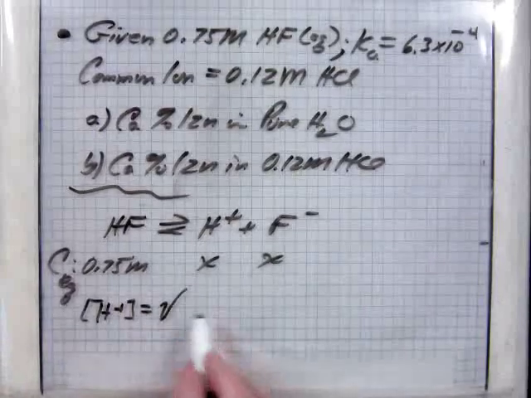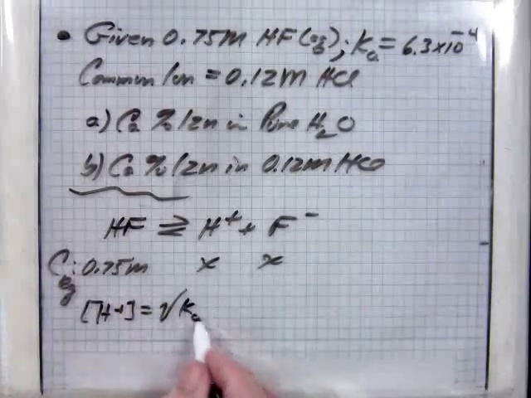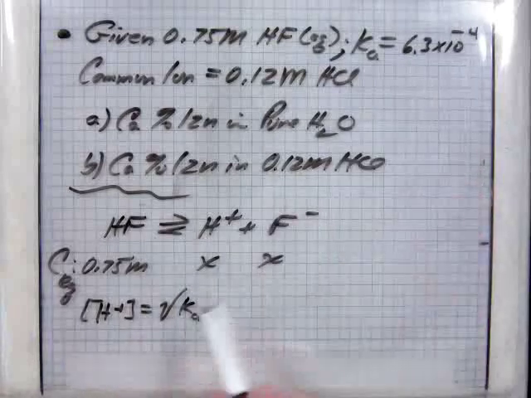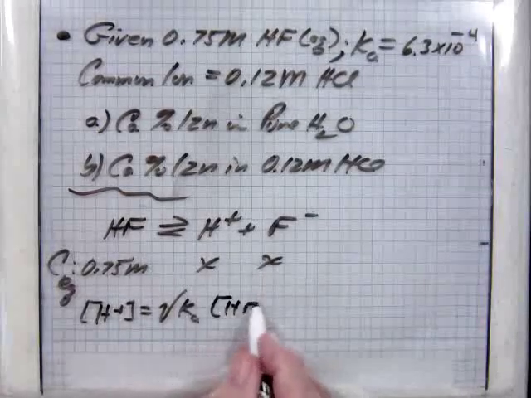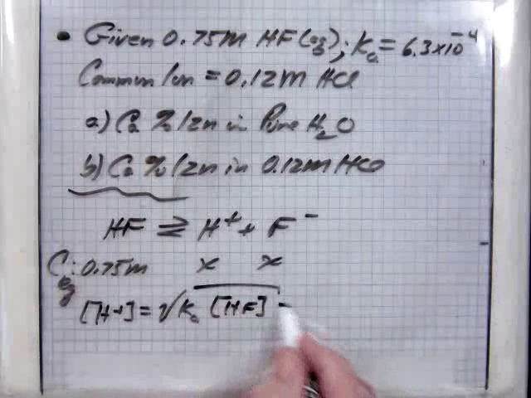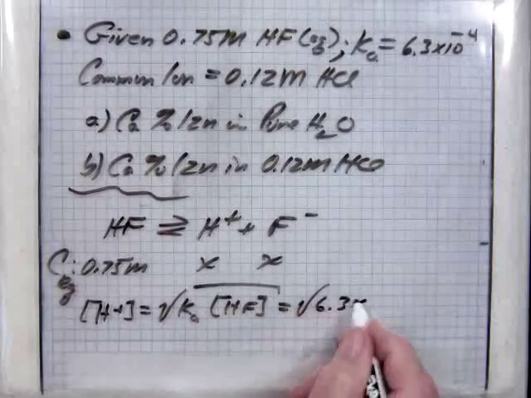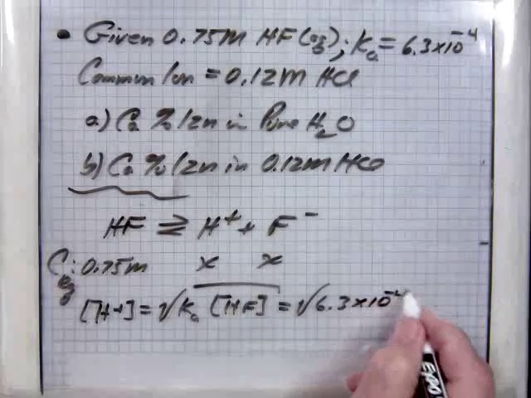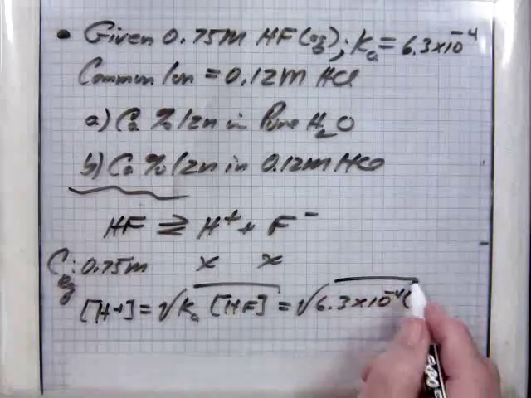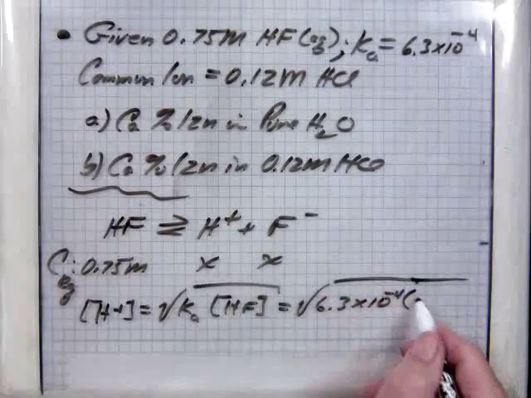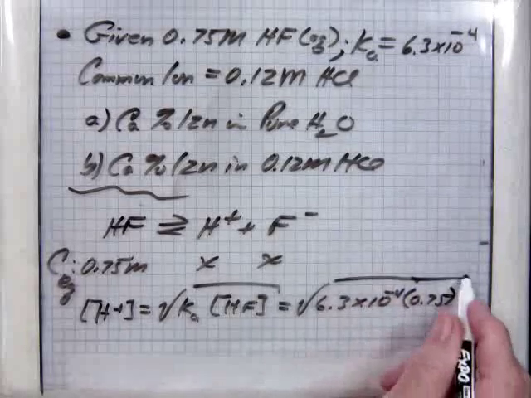So that'd be the square root of the Ka value for the acid, and since we're using the hydrofluoric, it would be HF, and so that would be 6.3 times 10 to the minus 4 times 0.75 molar.